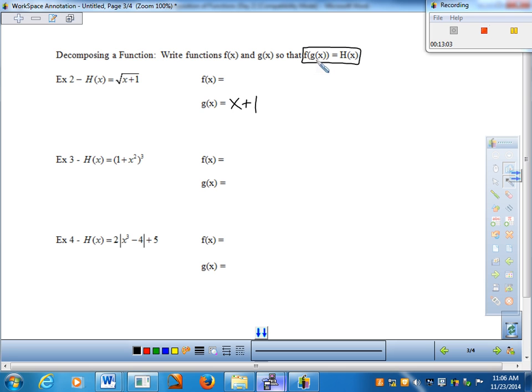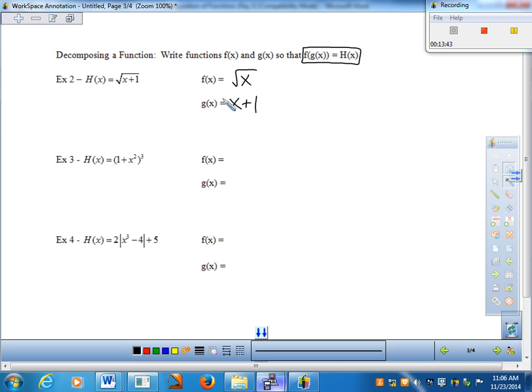Okay, so g of x, just one more time, I think of it as a function within the function. And I identify it, and I pull it out as that. Now, obviously, we know how compositions work. In this case, g of x replaces the input of the f function. So when I'm decomposing, whatever I pulled out, now I have to replace with an x because that's what g of x does.